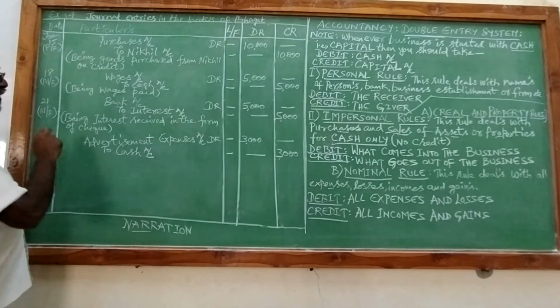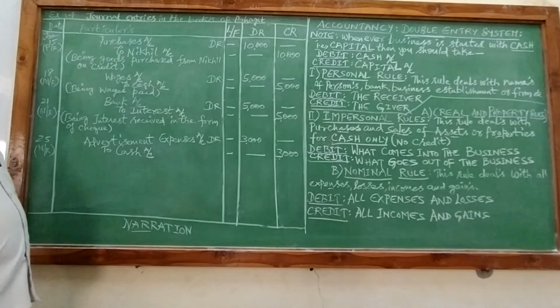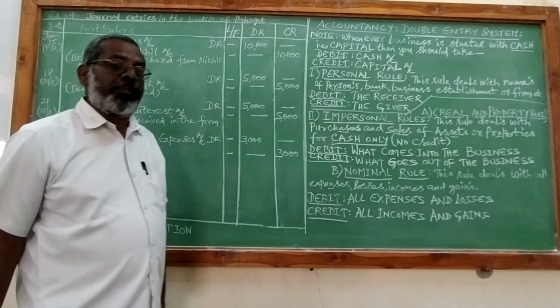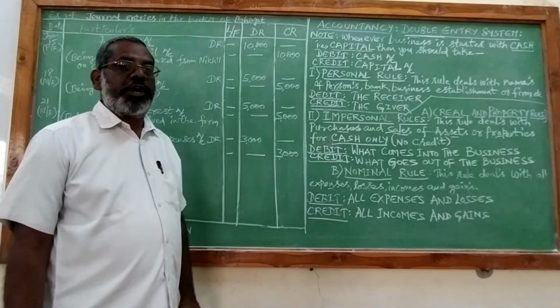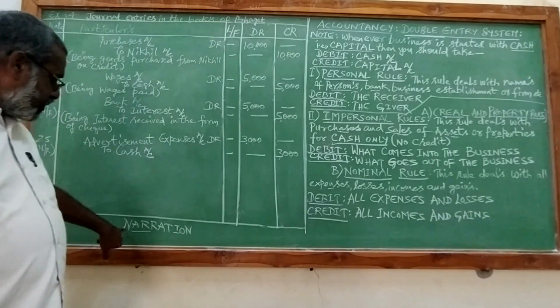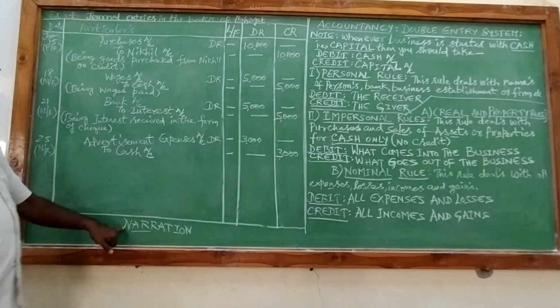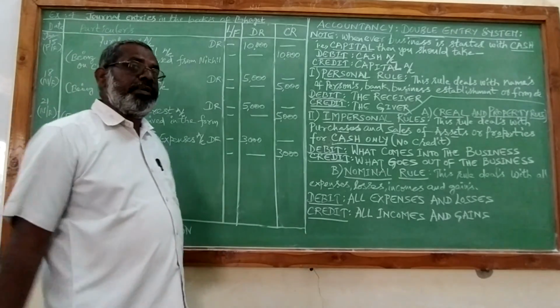After writing this journal entry, we will write a statement for what purpose we have written this journal entry, and that statement is called narration. The narration will start with the word being.